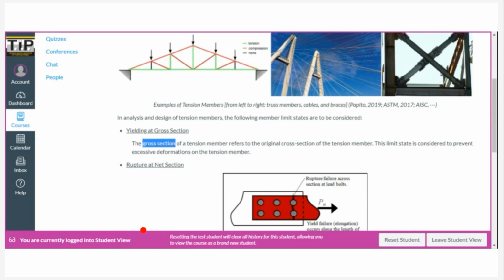So now we do not actually want this part right here, the part with no connections, to yield. Why is it that we don't want this to yield? Because if we actually observe, the connected part of the tension member is very short, so therefore it will only experience shorter deformation.